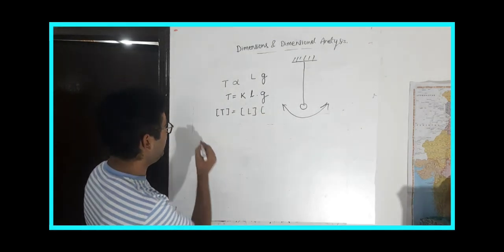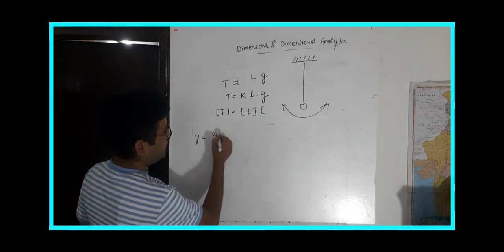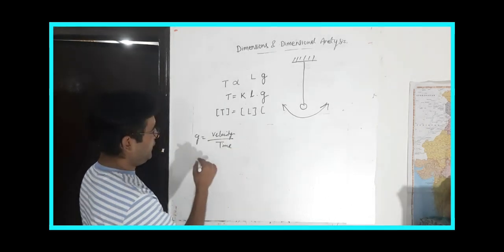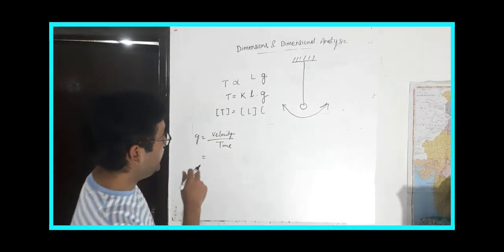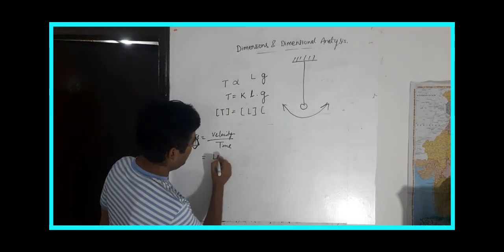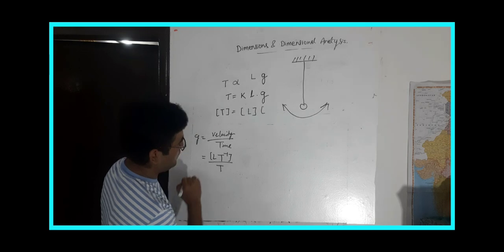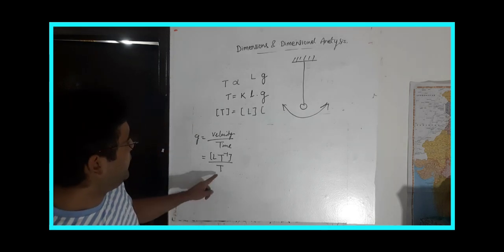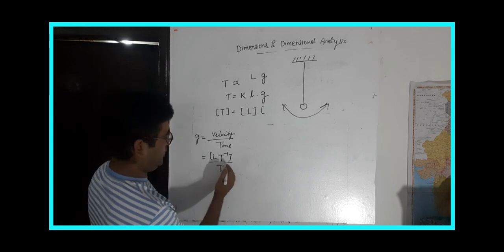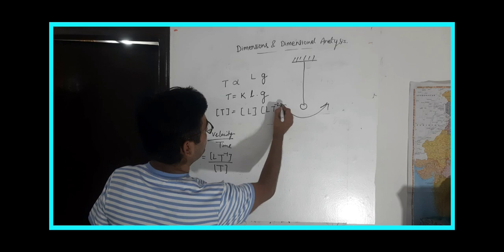Acceleration will have the unit of velocity upon time. We have seen earlier that velocity is length upon time. So it has the unit of LT^-1 upon T. Okay, so it will have the unit of LT^-2.